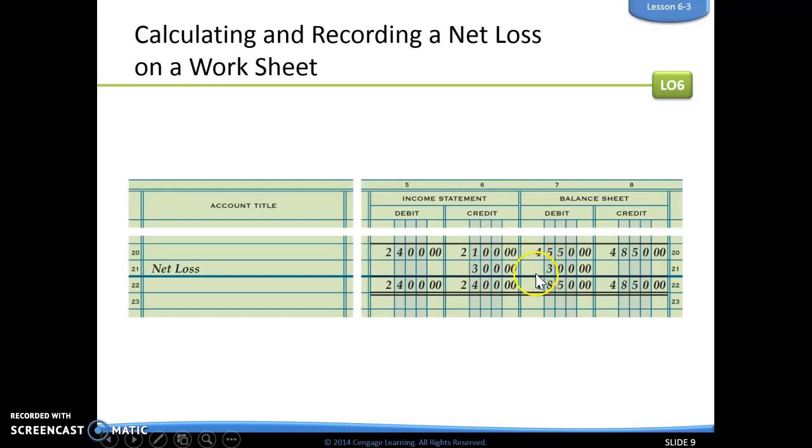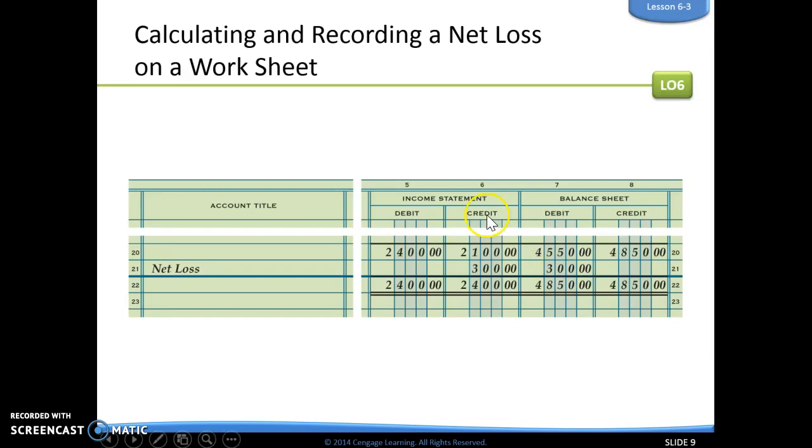When we have two numbers on the inside like this, that tells us that we have a net loss. So that's that visual side. If we had a number in the debit income statement and the credit balance sheet, that's a net income. If they're on the inside, meaning income statement credit, balance sheet debit, that is a net loss.